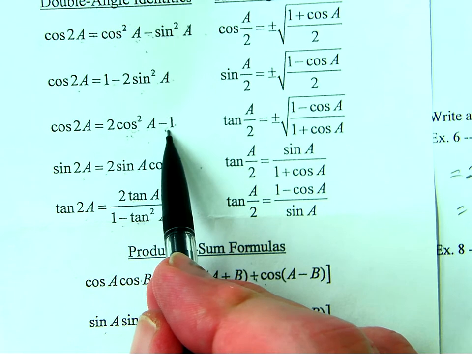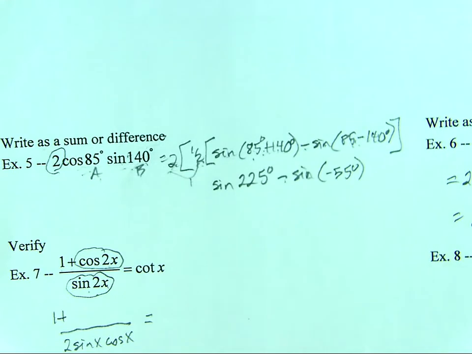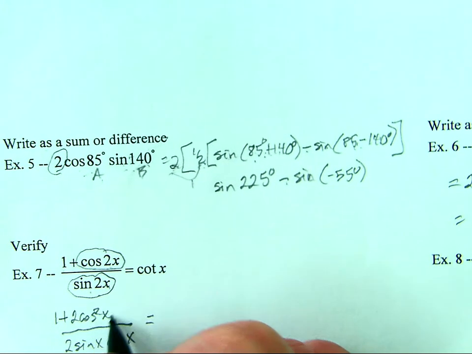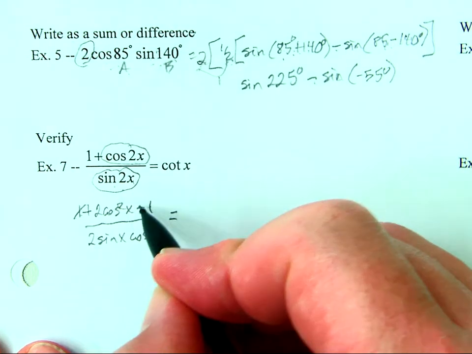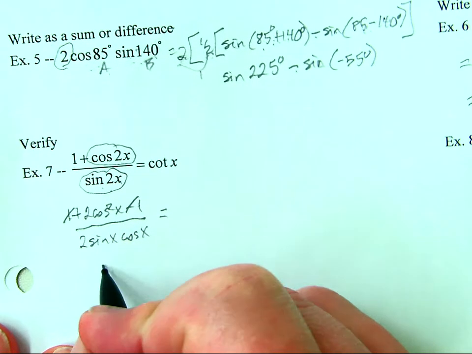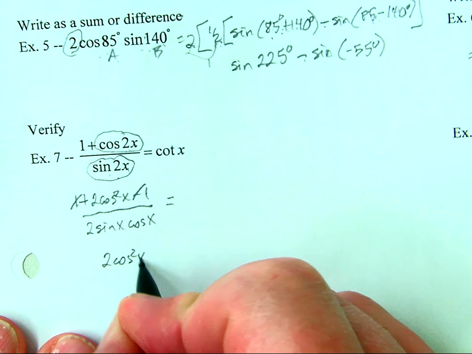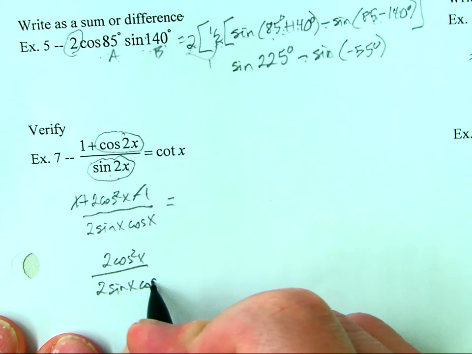So I would pick that one, 2 cosine squared x minus 1. If I use that one, now this 1 and this negative 1 cancel each other out. So now, so we can see it clearer, on the top I have 2 cosine squared x. On the bottom I have 2 sine x cosine x.